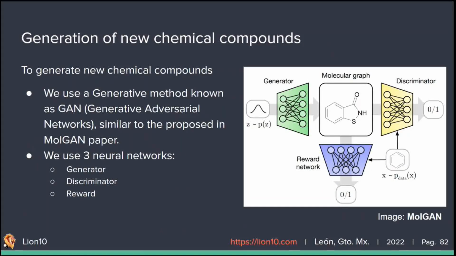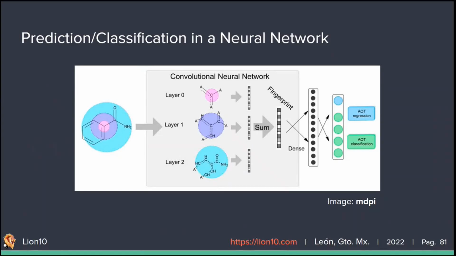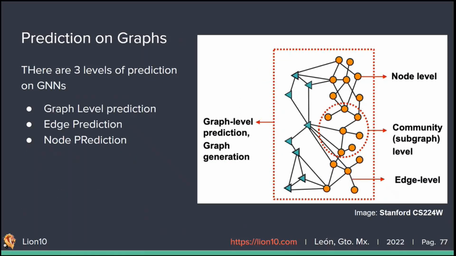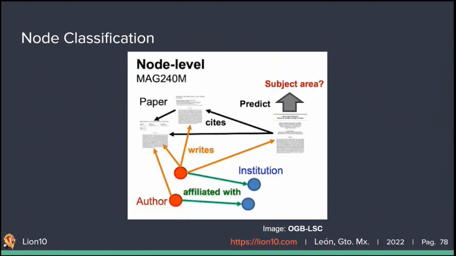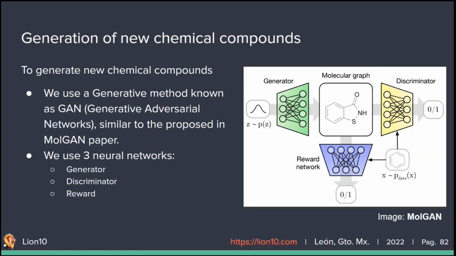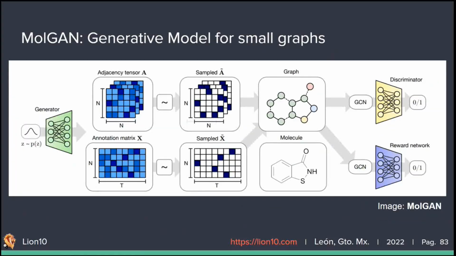Okay, so now we've covered the basic prediction tasks in a graph, just to give the core knowledge for the generation tasks. So now let's get into generation. So what is generation?